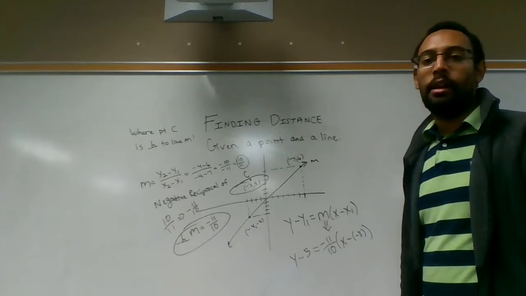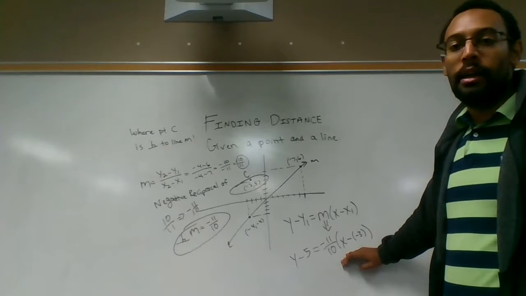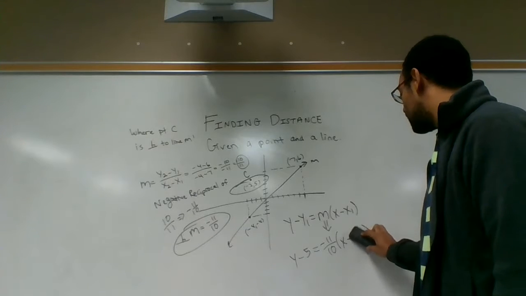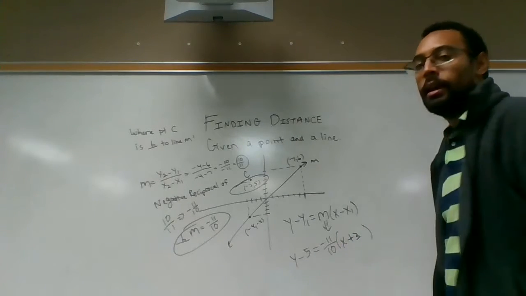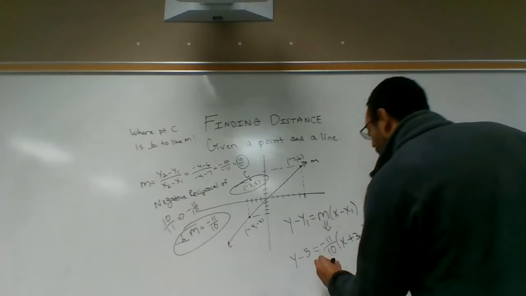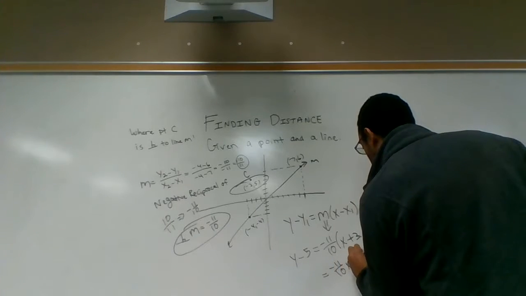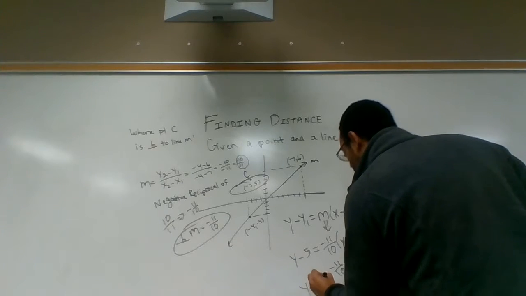All I did was plug in. So let me simplify this side. This is just x plus 3. Now I'm going to distribute negative 11 tenths to both sides. So this is negative 11 tenths x minus 33 tenths, and that is equal to y minus 5.